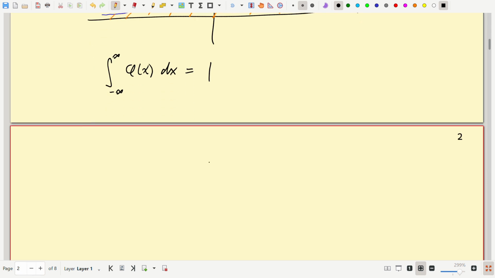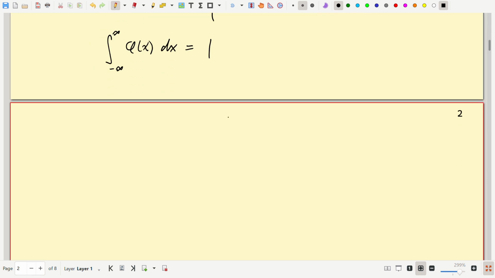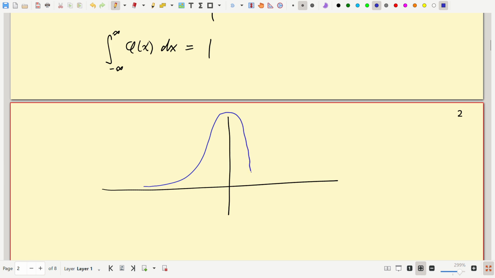Okay, to make a good kernel out of it, I'm going to concentrate the bump at the origin.